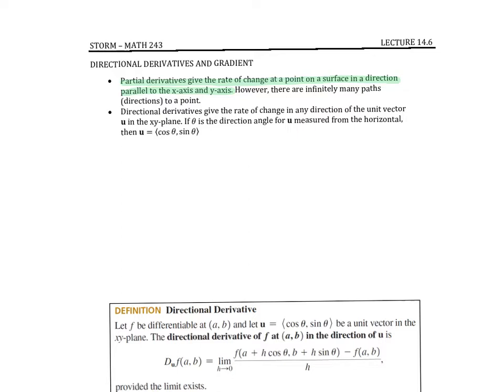However, and this is the same concept we had when we looked at limits, there are infinitely many paths or directions to a point. So let me draw a graph and describe what I mean by directions parallel to the x and the y-axis.